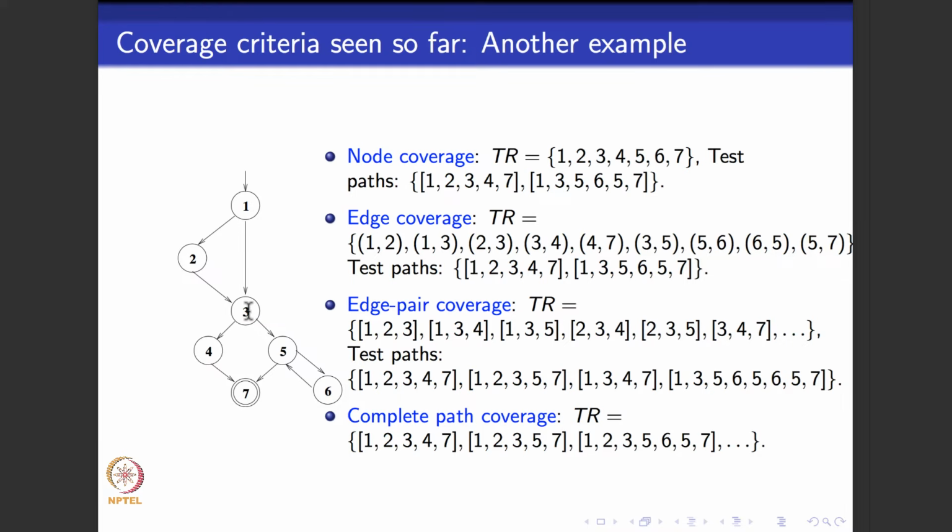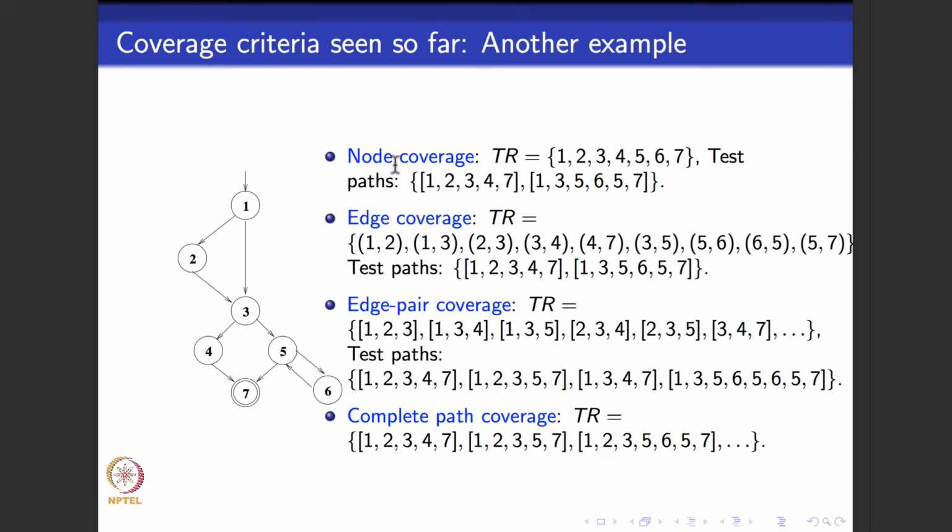I don't want to go to 4 because I've already considered that in my test path. From 3, I go to 5. And then I don't want to go to 7 because if I do that, I'll miss visiting node 6. So from 5, I visit node 6. And remember, it's a test path, so I have to end in a final state. So I come back to 5 and then I do 7. So that's this test path.